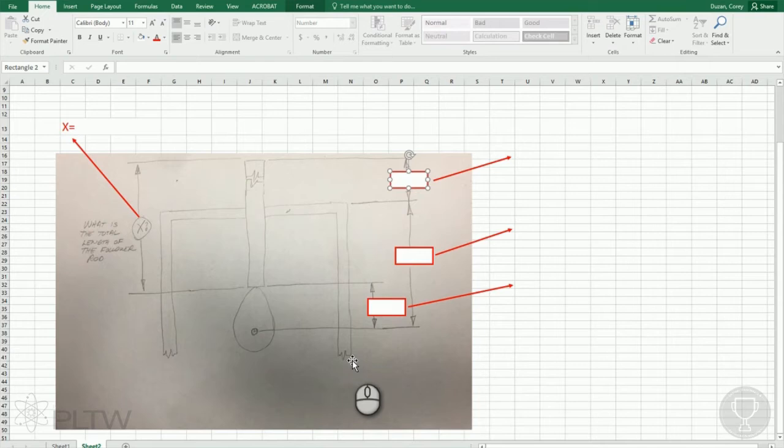And now we have to start thinking about what is the information that we know. If you remember back to the original problem, it said that the distance from the top of the box to the top of the follower rod is 2.375 inches. Now we know that our maximum radial dimension from the center point of our cam to the very top of the cam is 1.625.